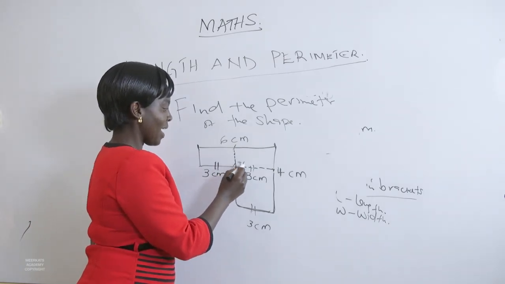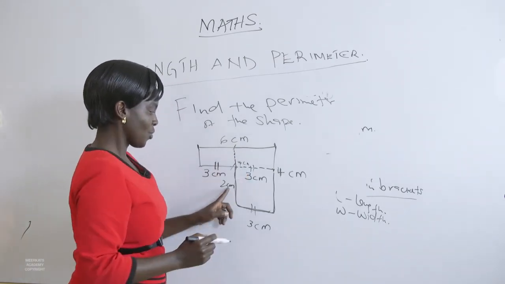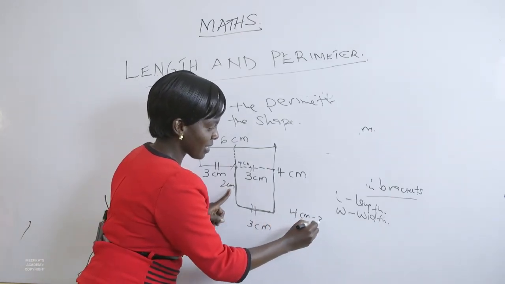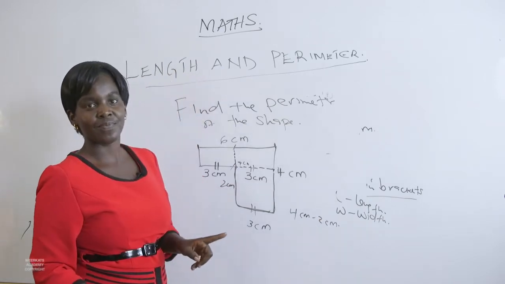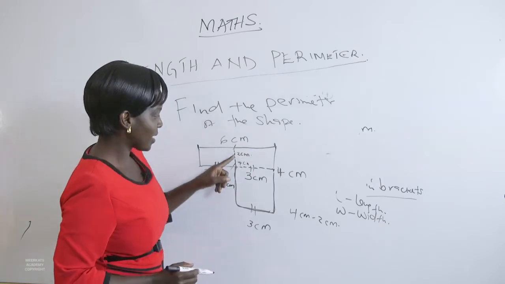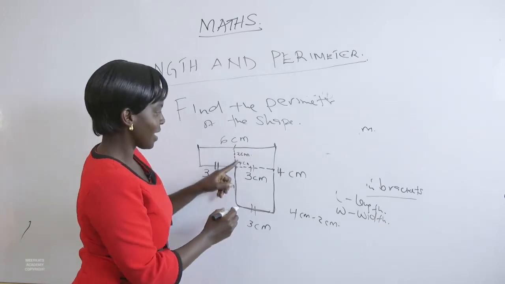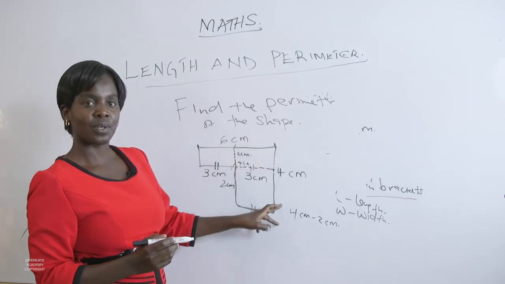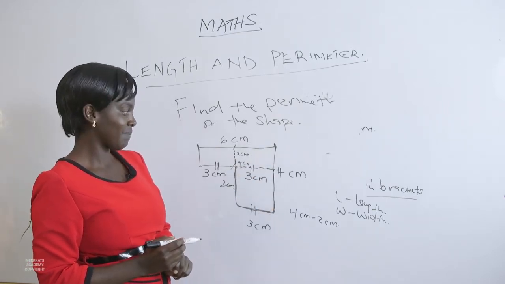But because we have already 2 centimeters here, we say 4 centimeters minus 2. What do we have? We'll have 2 centimeters here. So that when we say 2 centimeters plus 2 centimeters, we get 4 from this point to this point, so that they are equal to that other side.